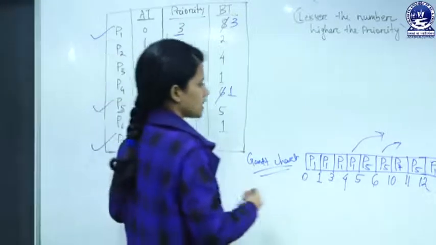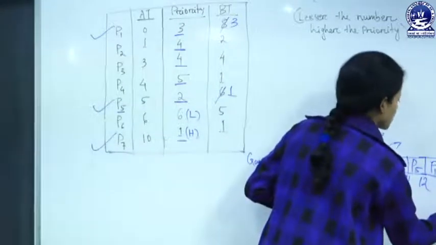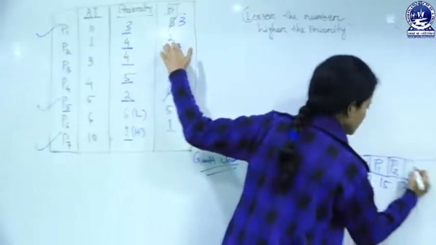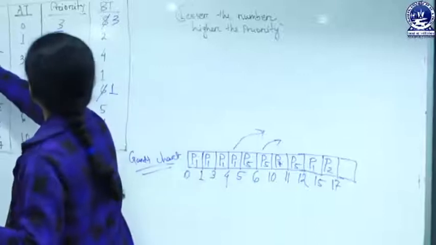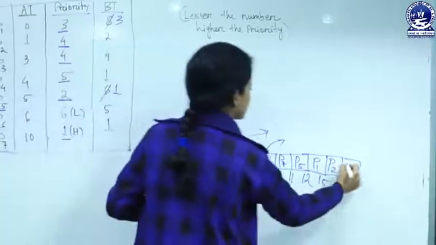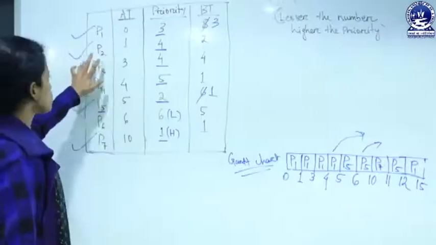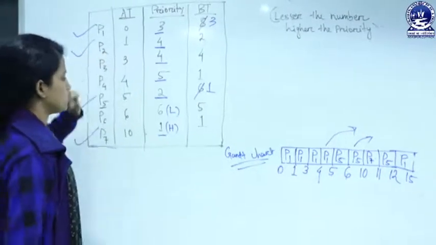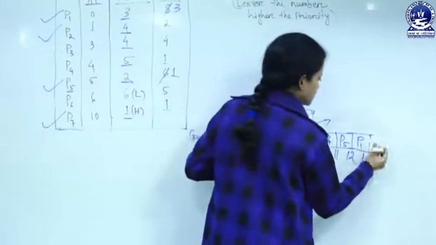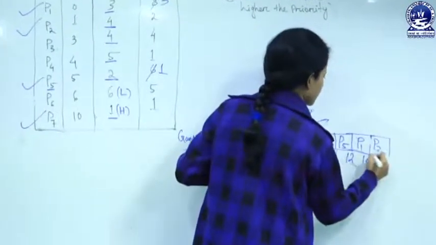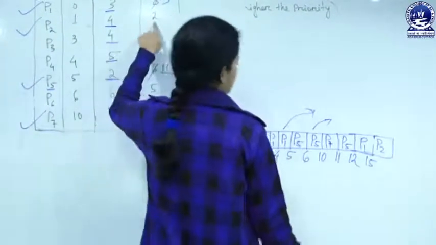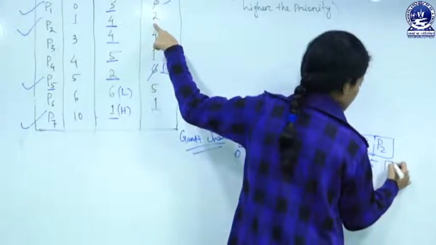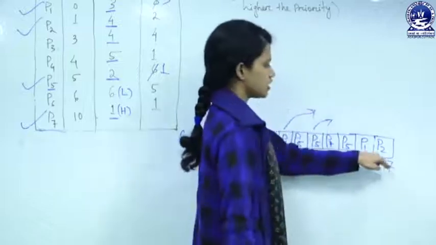So P2 would be allocated to the CPU. Check out the burst time. Burst time is 2, that is 17. So P2 is done. Next is P3. Now the burst time of the P2 is 2, so it will continue its execution, and at 17 it will be terminated.